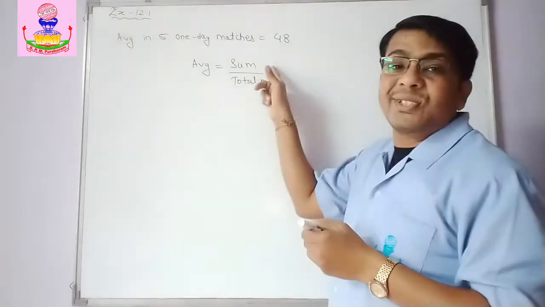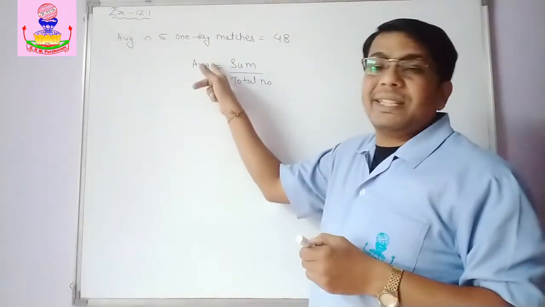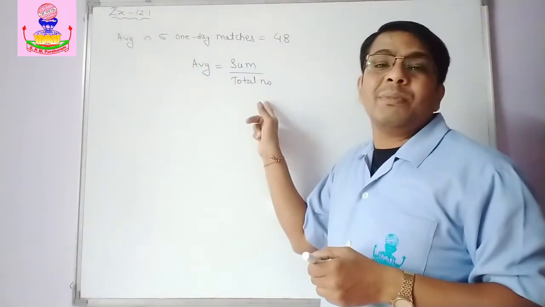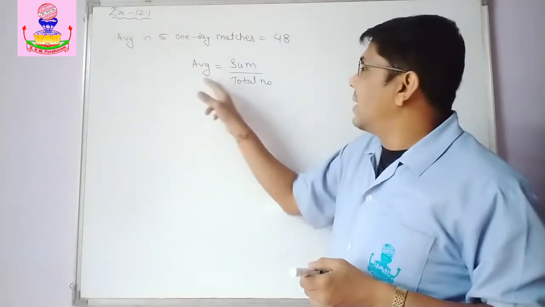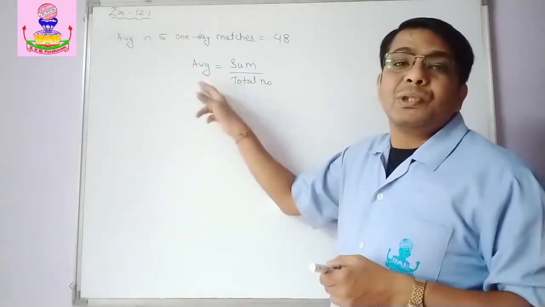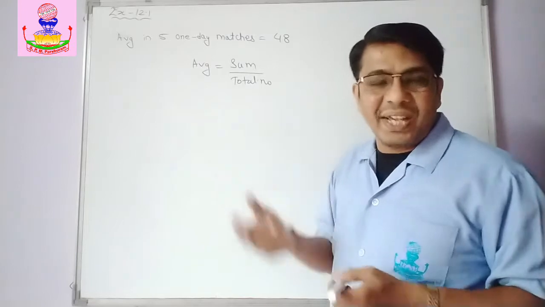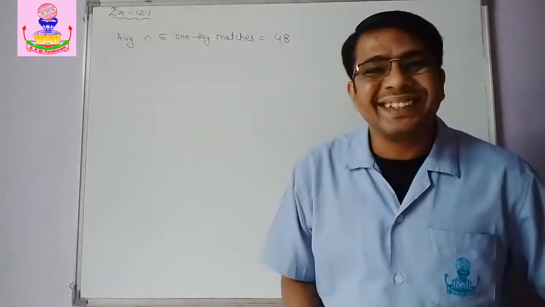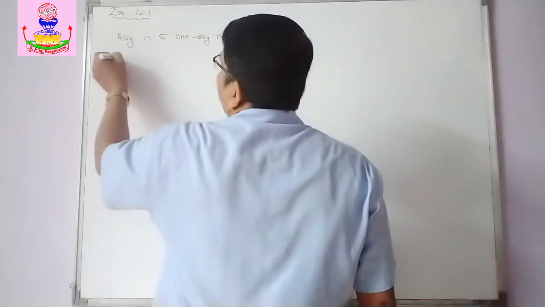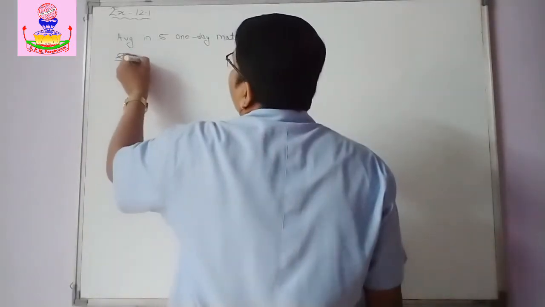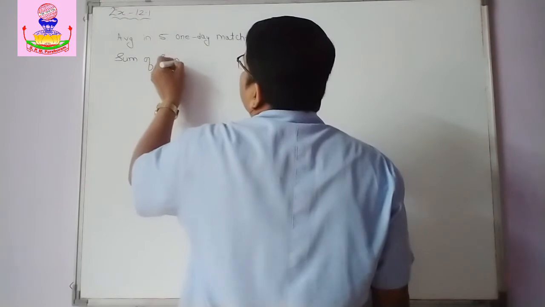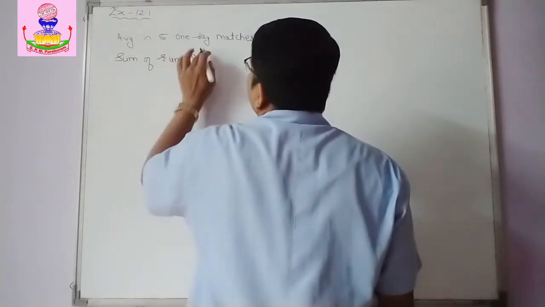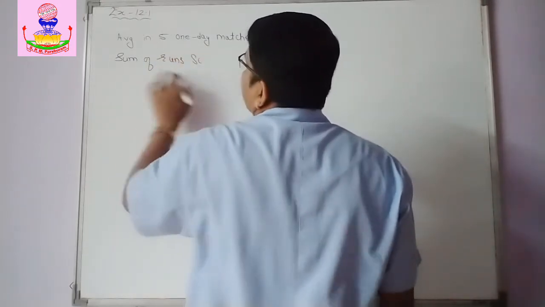So I want to find sum of runs scored. So bring this total number of innings here. I know average, I know total number of innings. Average is 48 and total number of innings 5. So 48 into 5. So I can get runs scored in 5 innings.